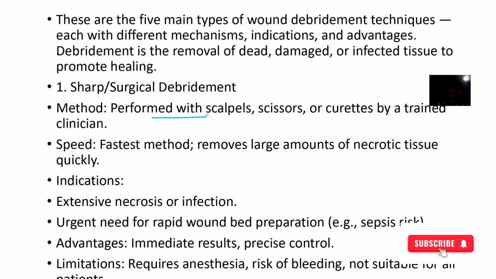It's the fastest method and removes a large amount of dead tissue. We usually do this when there's extensive necrosis or infection, or an urgent need for rapid wound preparation. So there are immediate results, precise control, and the rest of it.